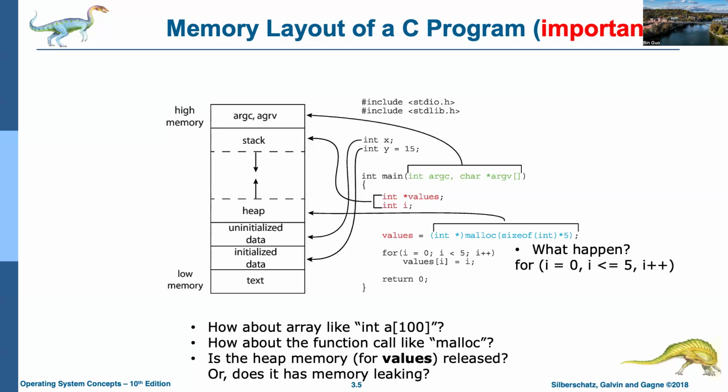This memory is still in the heap, but not released. But for this program, it doesn't matter because it returns 0. Return 0 means this process terminates. Terminating the process will release all of the resources. This will disappear, and all of this memory will disappear.